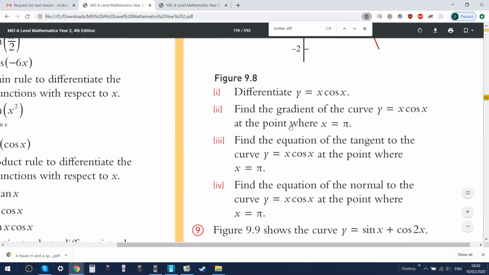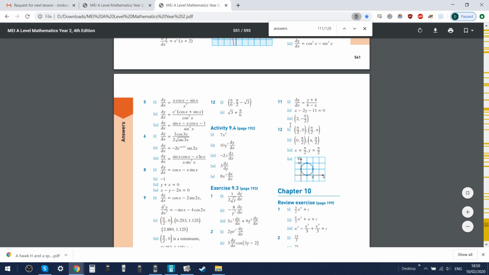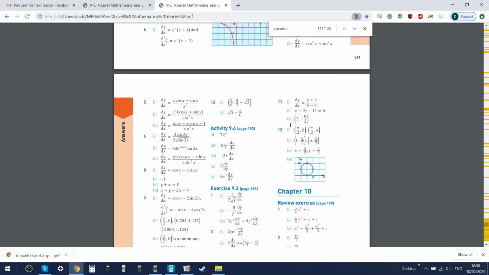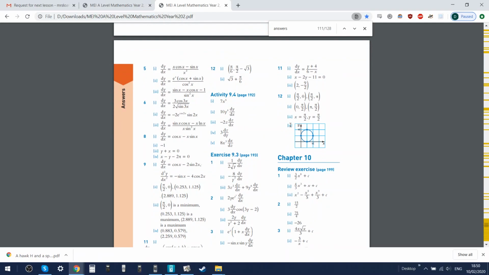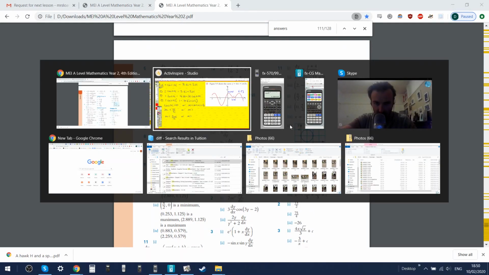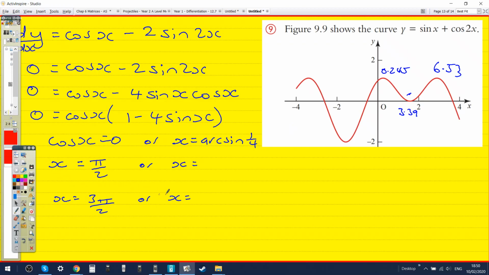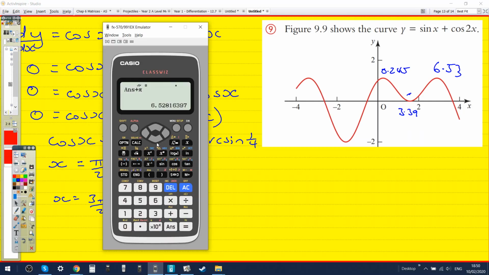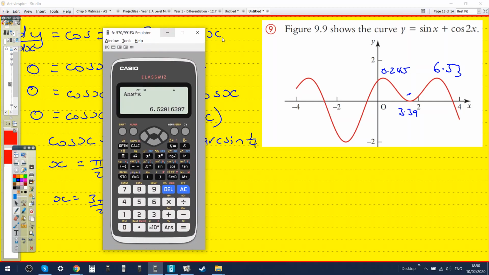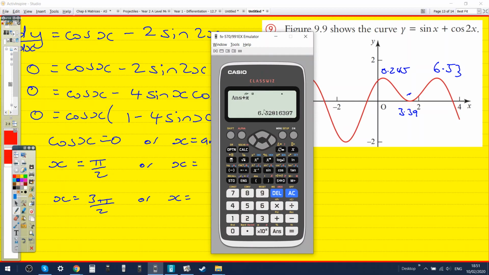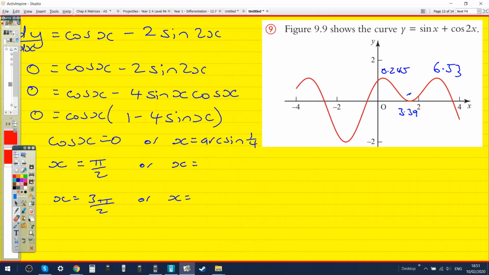I still have it in degrees. So I get 0.25, 2.8, 6.5. Yeah. So roughly 0.253.